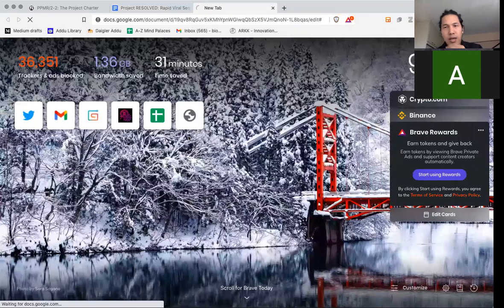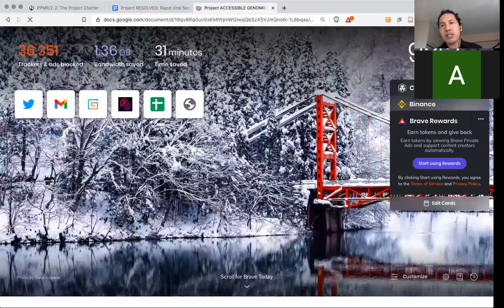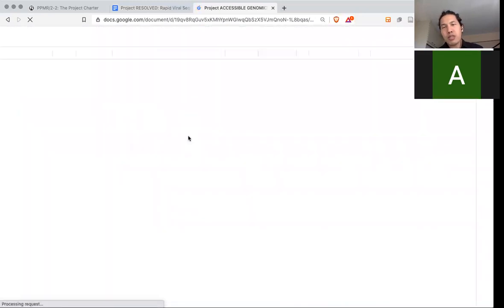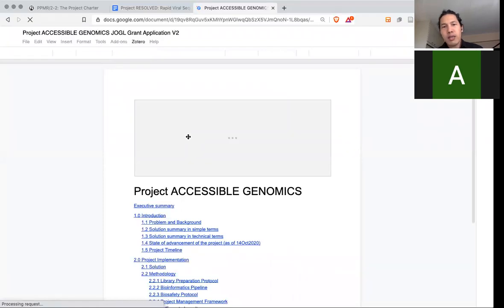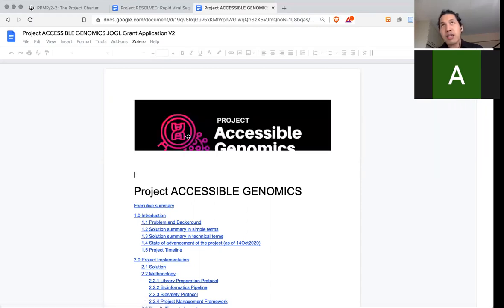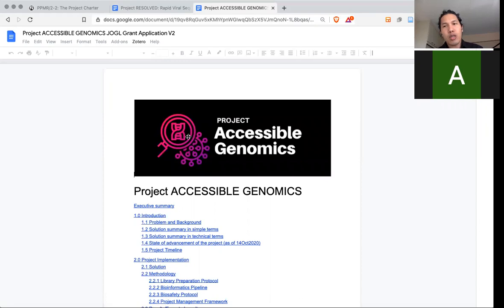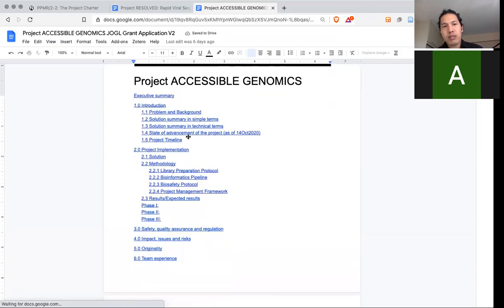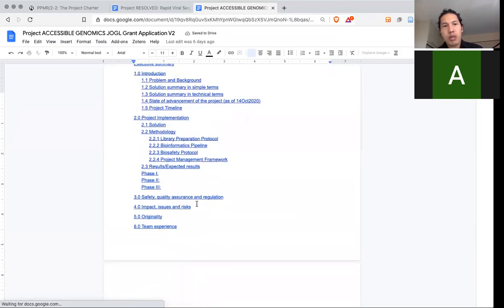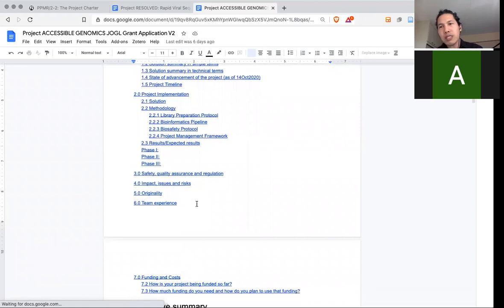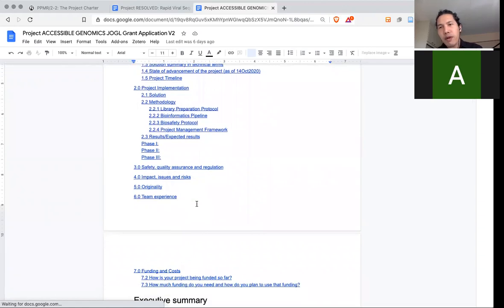This one is a more extensive project charter. I had to follow a template because this is an application for a grant. But essentially, these templates follow the same thing.